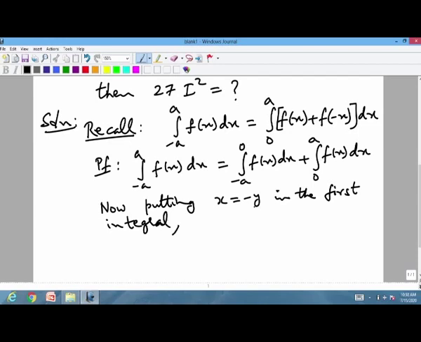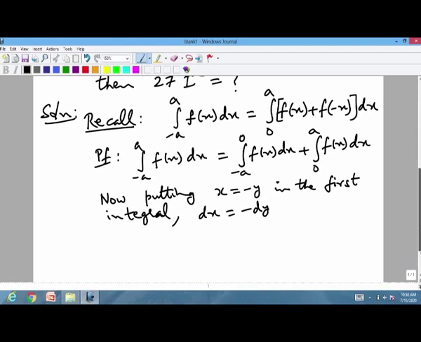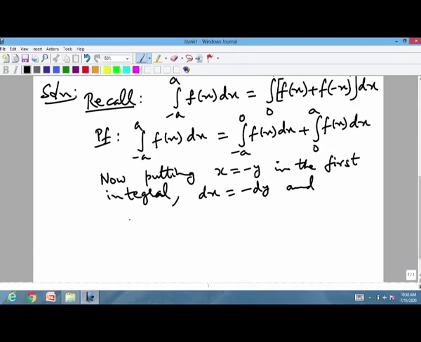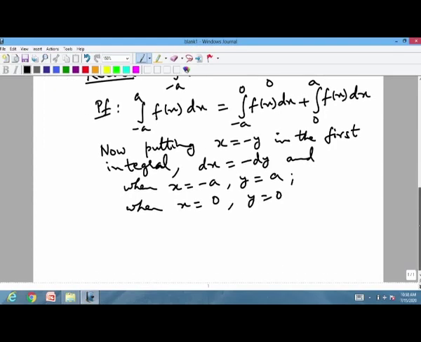So if we put x equal to minus y, dx will become minus dy, and when x equal to minus a, y is equal to a, and when x is equal to 0, y is 0.